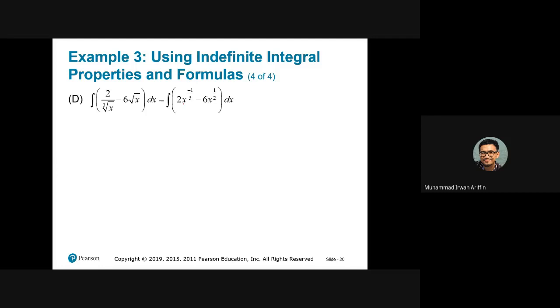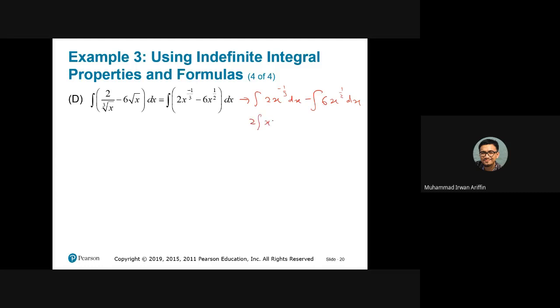So this is basically 2x. So let us just, these are the subtraction, right? So we can basically separate them. 3 dx minus 6x to the power of half dx, right? Because this is subtraction. And this is constant, so we can bring this to the front, right?